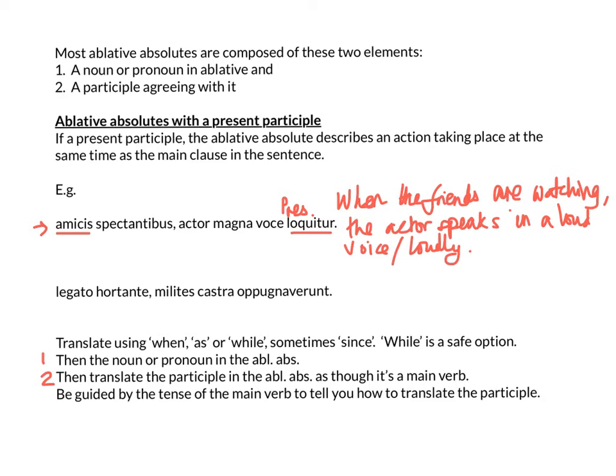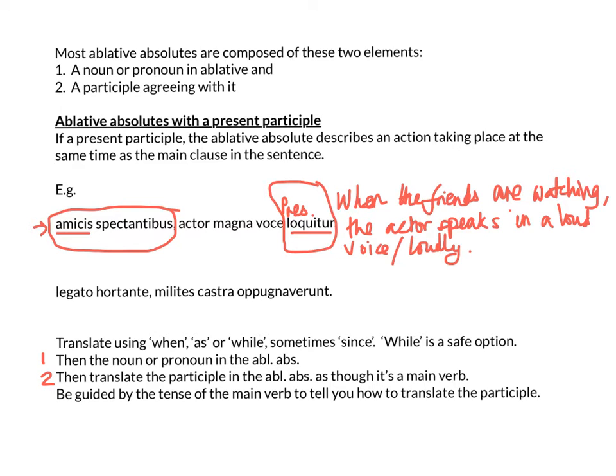Don't hedge your bets and put a slash there as I've done. But you can write either in a loud voice or loudly. So the ablative absolute here describes an action that is taking place at the same time as the main verb of the sentence here. And we know that because the present participle is used.